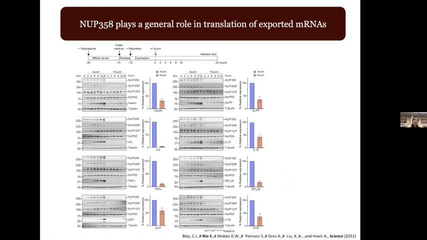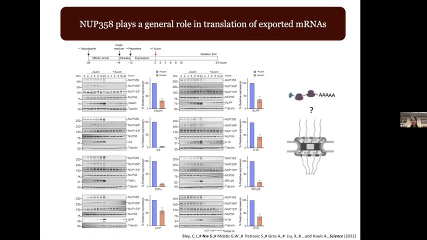We expressed 8 different reporters in the cells and found that with 358 depletion, the reporter expression never showed a dramatic decrease, which indicated that 358 doesn't play a general role in translation. But it is the first evidence that there are some functions of the nuclear pore in translation, though we don't know yet what the reason is.